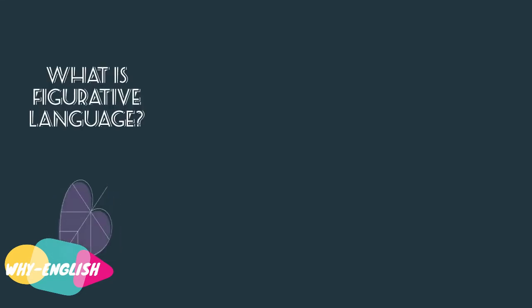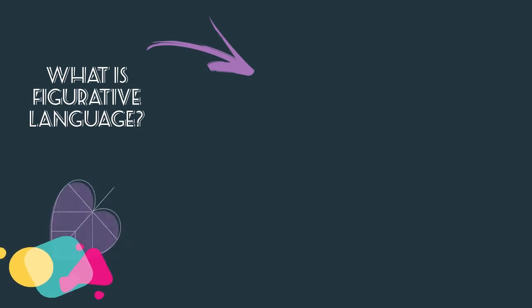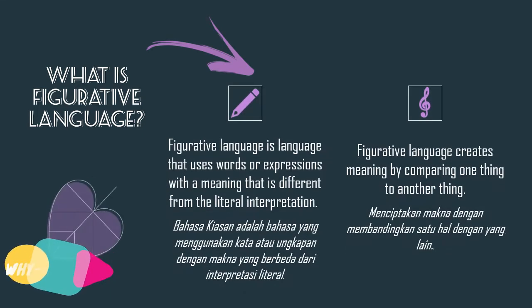First, let's take a look at what figurative language is. The language usually used by the poets atau pujangga. So, figurative language is a language that uses words or expressions with a meaning that is different from the literal interpretation.